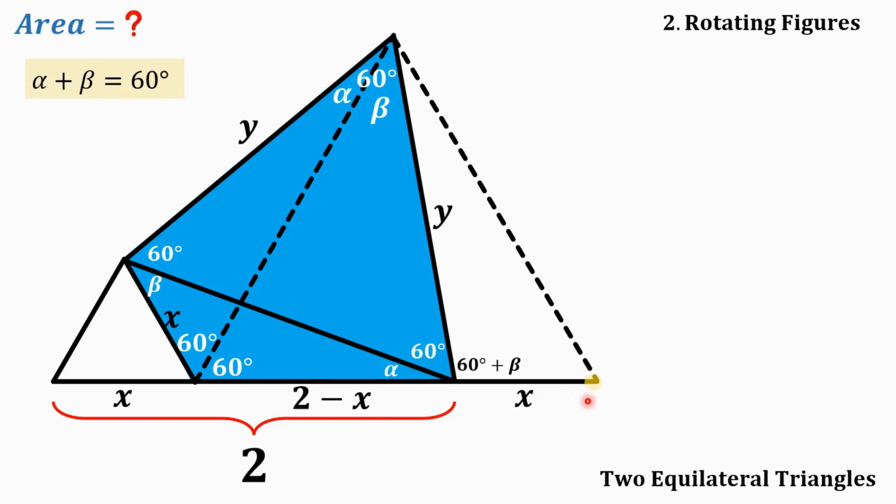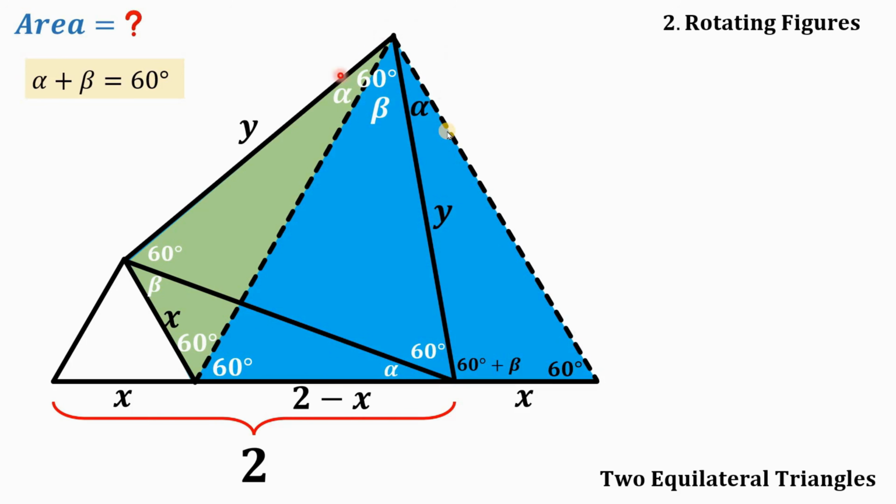In other words, this angle right over here must be equal to 60 degrees also, and the angle on the top must be equal to alpha. And also, since they are congruent, the area of this triangle is the same as the area of this triangle.